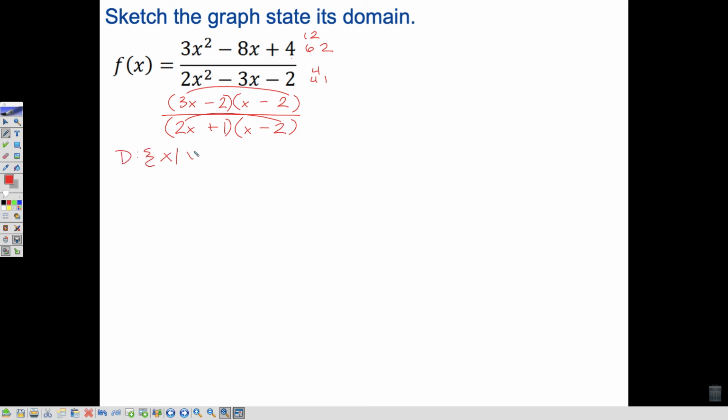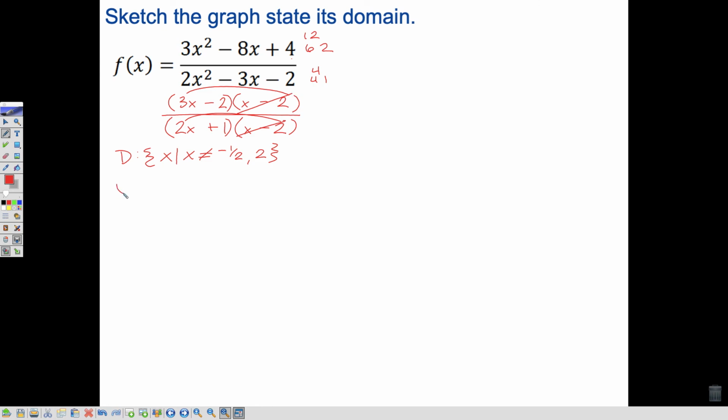The domain: x such that x is not equal to what? Negative 1/2 and 2. Now reduce. After you do the domain, get it out of there and don't touch it again. Got it?